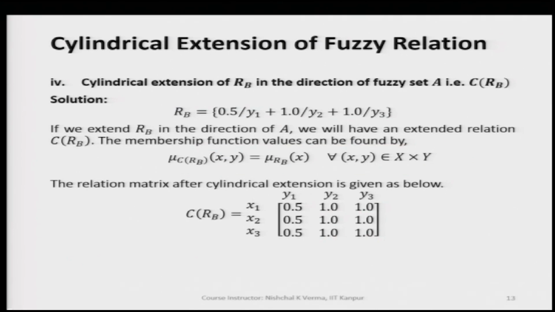Similarly, as we have got the matrix representation for the fuzzy set CRA, we have CRB also. This we get from the RB fuzzy set, which we obtained by projecting the relation fuzzy set on B. So, RB is 0.5 by y 1 plus 1 by y 2 plus 1 by y 3.